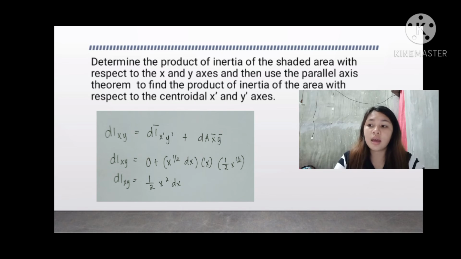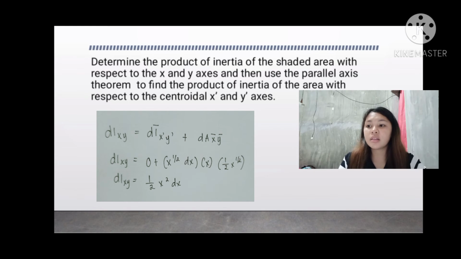is equal to dIxy equals dI bar x'y' plus the area times x bar times y bar, where our dI bar x'y' is equal to 0.